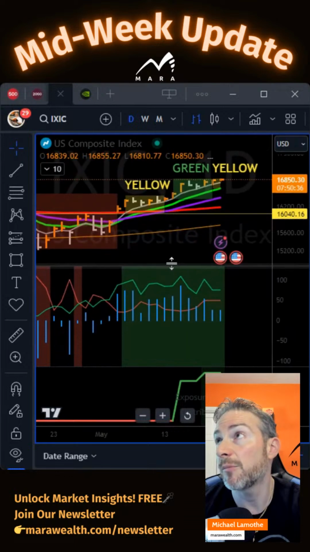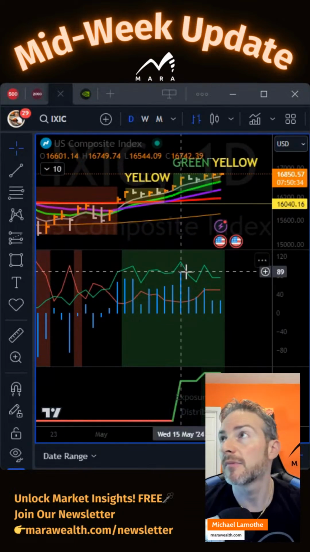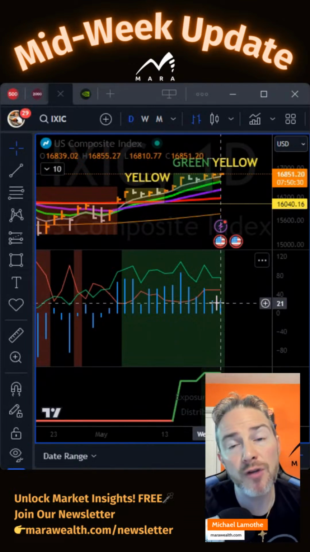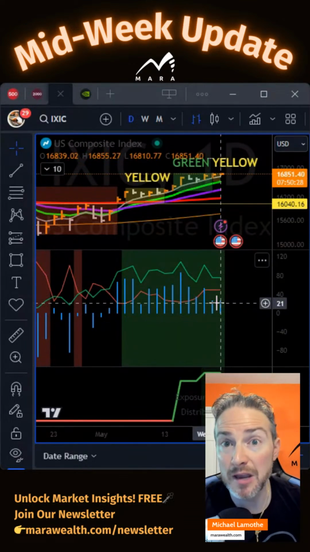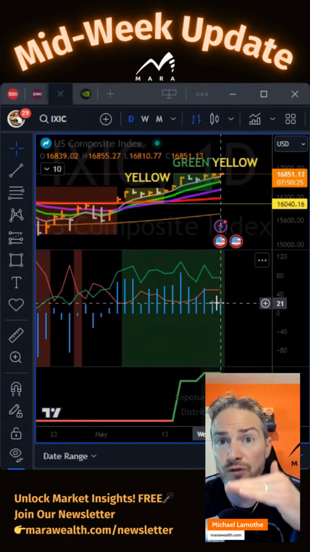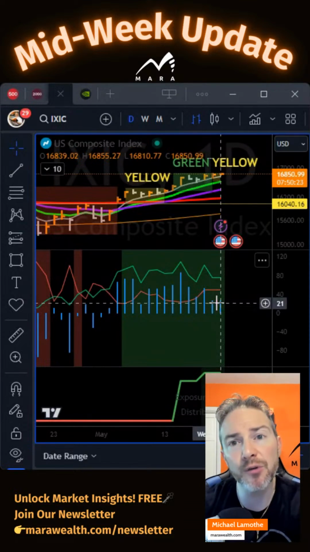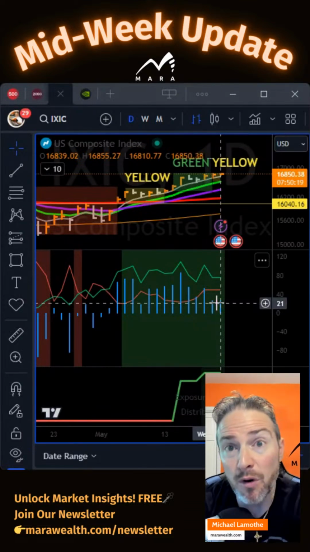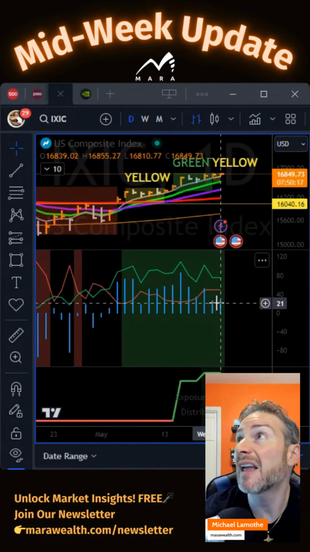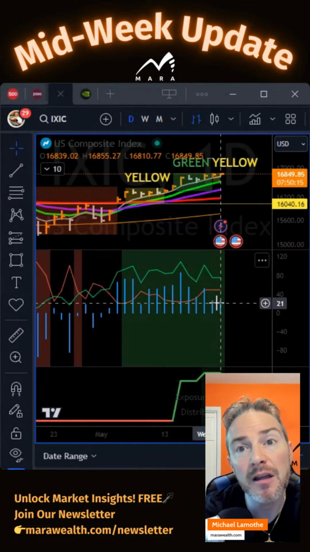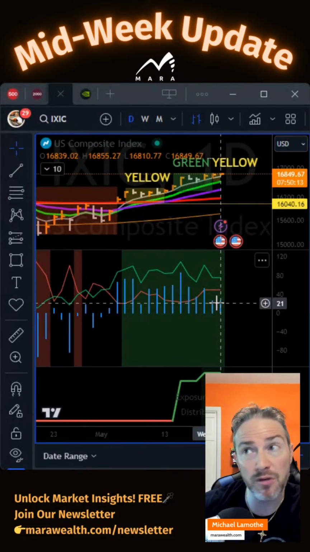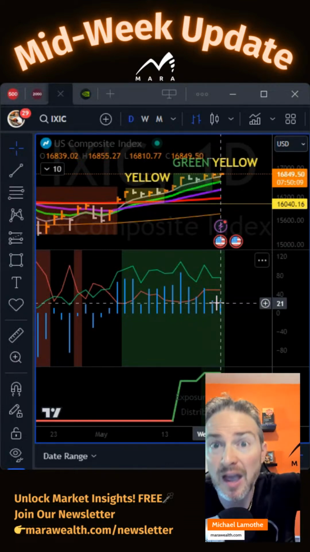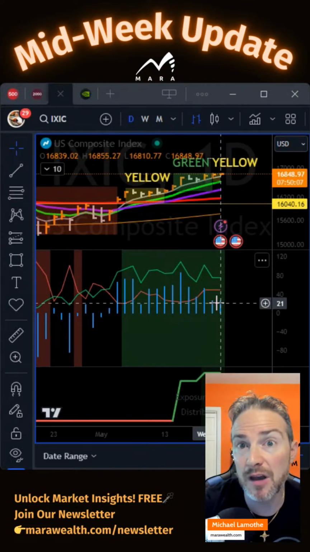Let's make this one a little bit bigger now. This here is simply tracking the number of stocks that are making new highs versus new lows every single day on the NASDAQ. The reason why that's important is because there has never been an uptrend that's lasted more than a couple of weeks without the number of stocks making new highs outpacing the number of stocks making new lows.